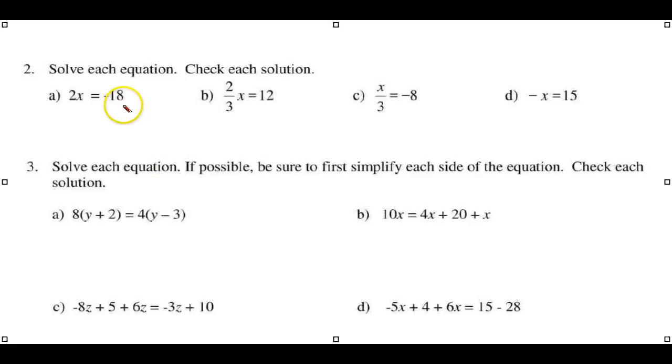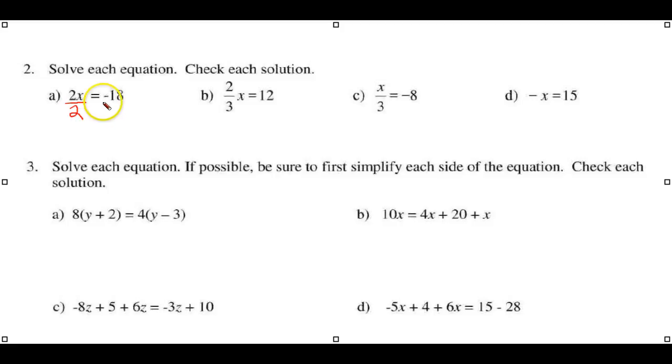Now we're looking for technique. Here the x is not by itself, but it's isolated on this side. How do I get just a 1x? Well, often it's just to divide by the numerical coefficient.